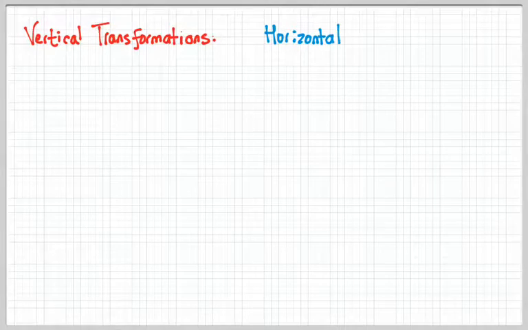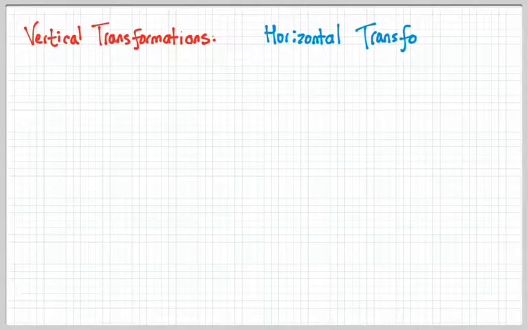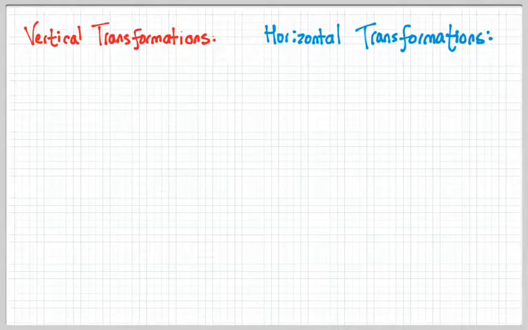We'll compare and contrast these in order to see if we can find some patterns to make it easier to recognize each one. Okay. So let's deal with vertical first.